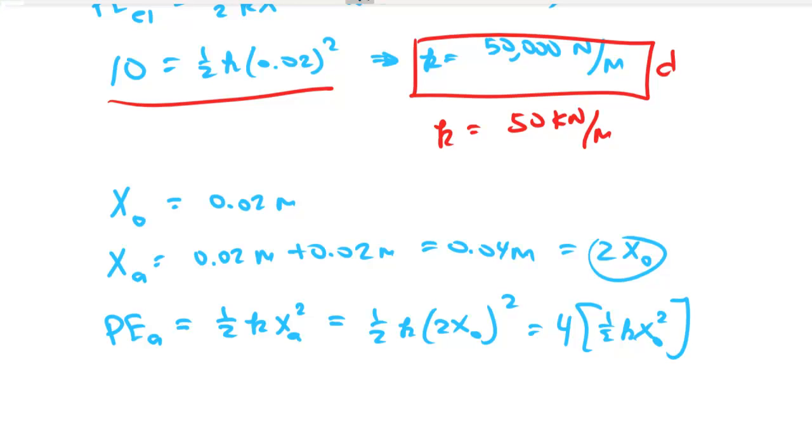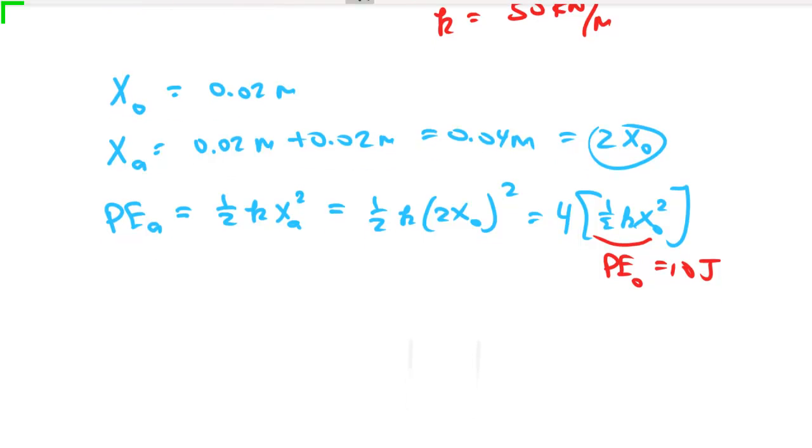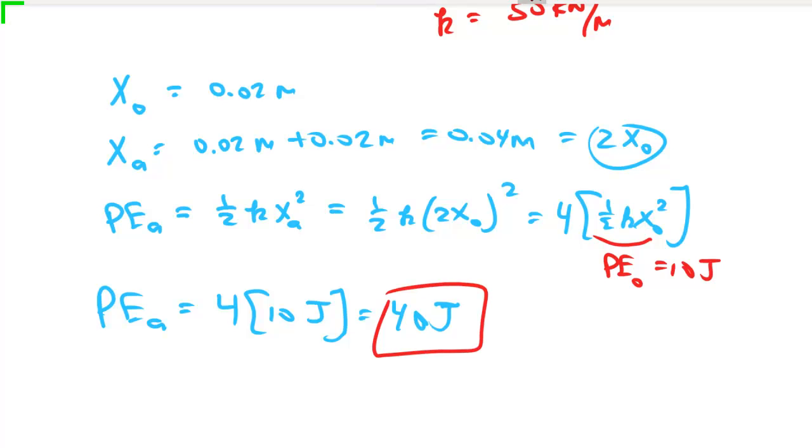But this 1/2 k x naught squared was the potential energy we started out with, PE naught, which was 10 joules. So the potential energy for part A is 4 times 10 joules, which is 40 joules. This is the answer to part A.